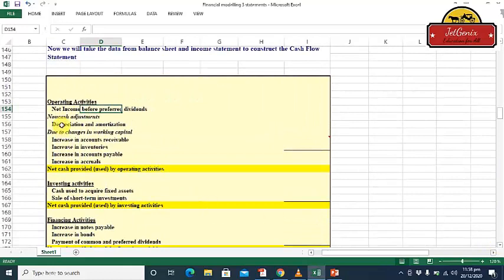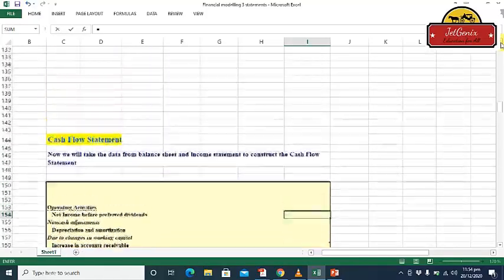Here we are going to report the net income before preferred dividend, which we have calculated in the net income. So I'm going to press equal here, scroll up and go to the net income before preferred dividend.